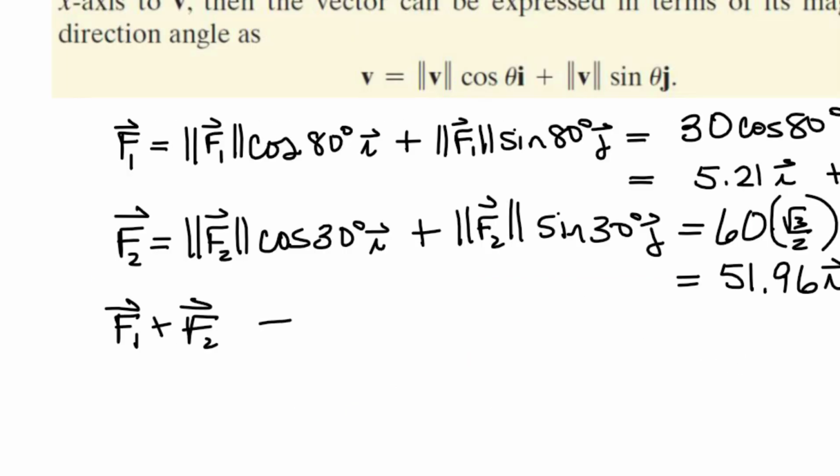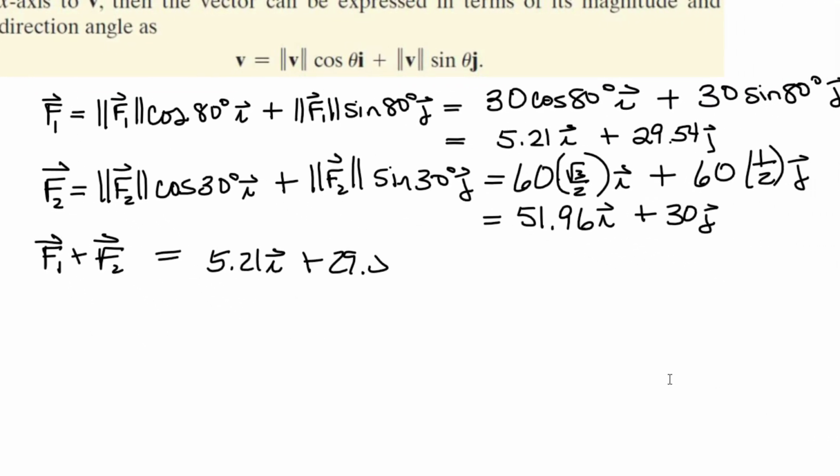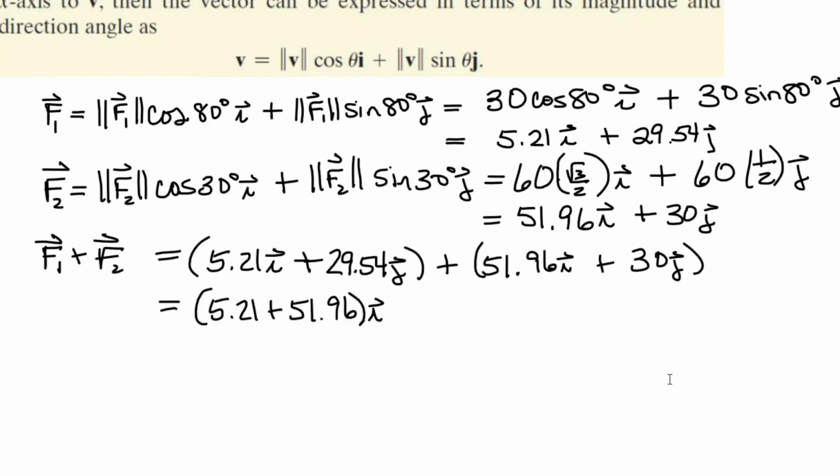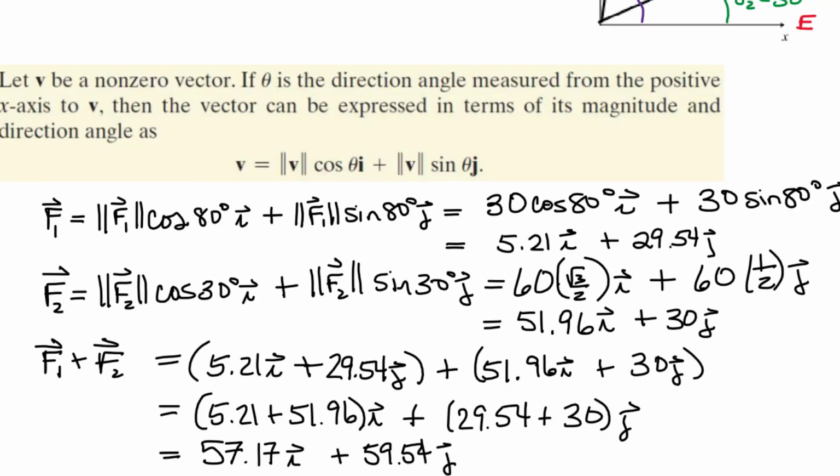So F1 plus F2 is going to be 5.21i plus 29.54j plus 51.96i plus 30j. In other words, 5.21 plus 51.96 i plus 29.54 plus 30 j, which gives us 57.17i plus 59.54j. So this vector represents the resultant force.